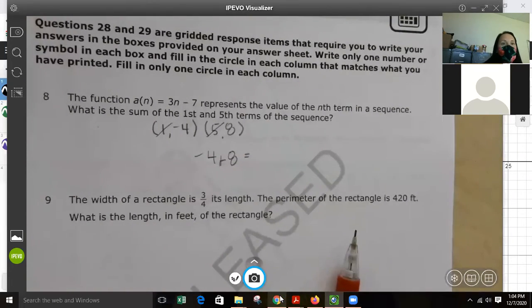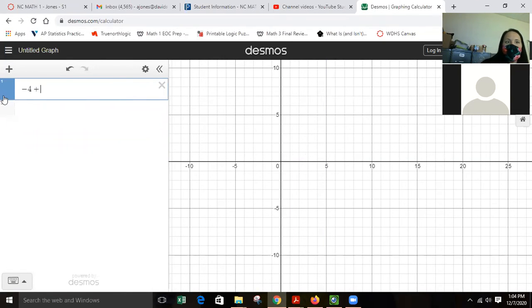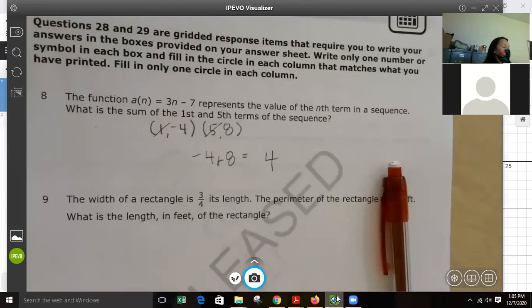And again, if you don't know that, you can do -4 plus 8 and it'll show you in there as well. So what is -4 plus 8? 4. You can use it just like a regular calculator, or you can use it for everything. I mean, just anything. Okay.